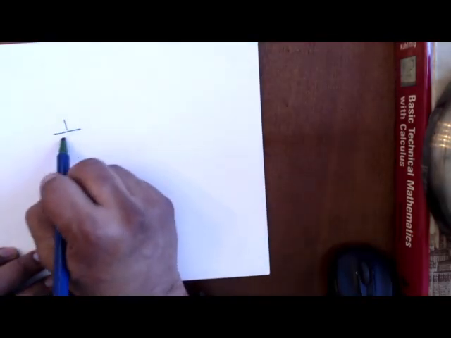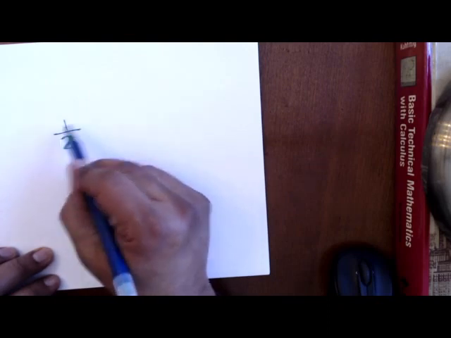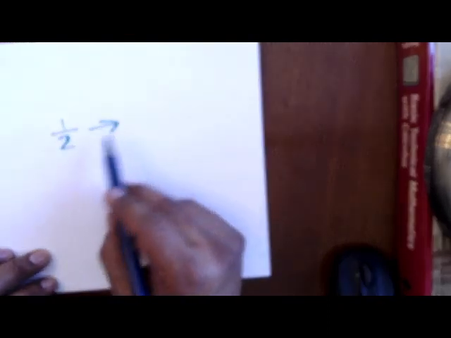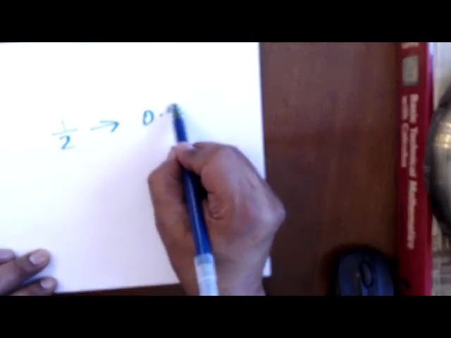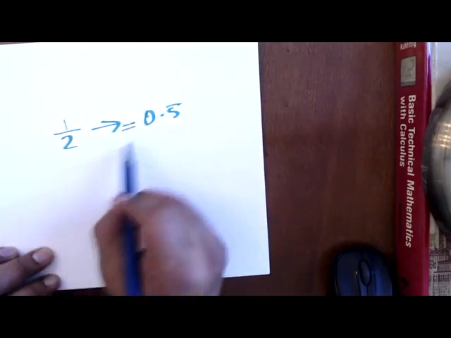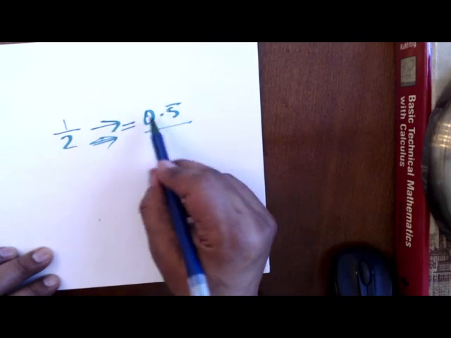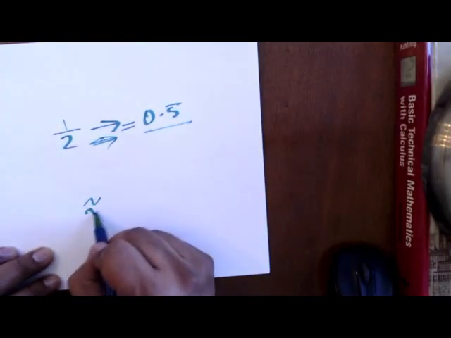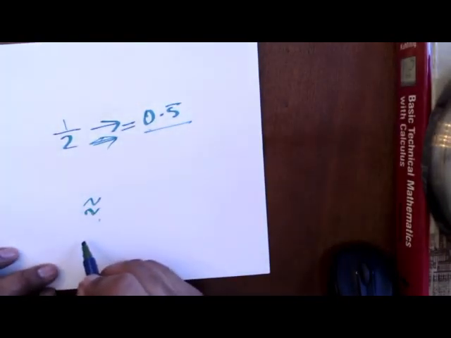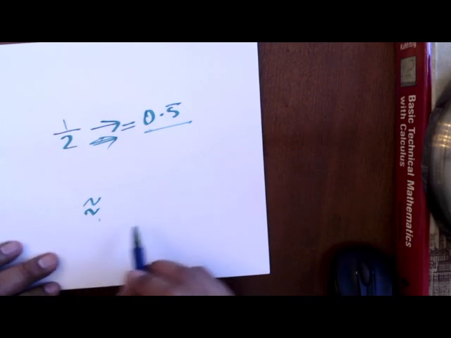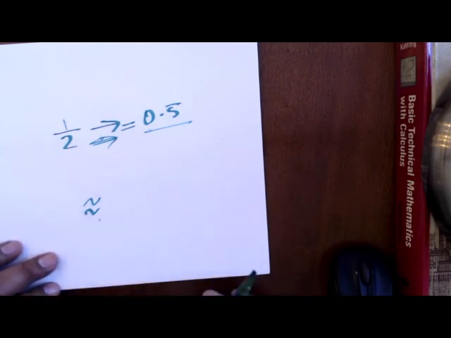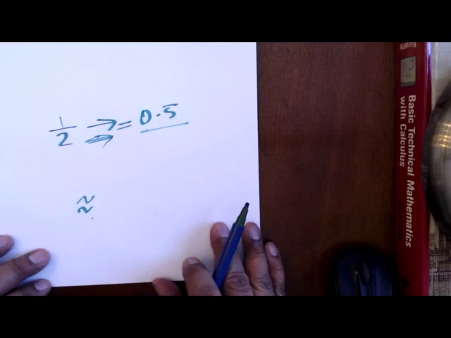If the number is not exact, for example, in the case of 1/2, and you want to turn this into a decimal, we know this is 0.5. We know that this is equal to that. If the number is not exact like that, make sure that you write it like this. It's always good to do this because when you use the calculator, the number is truncated.